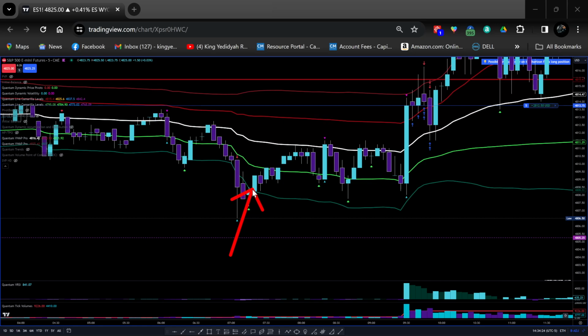When you start breaking these levels, it's usually a buy to at least this level. Usually you get to at least this first lower deviation band, and sometimes you actually get to VWAP, right?